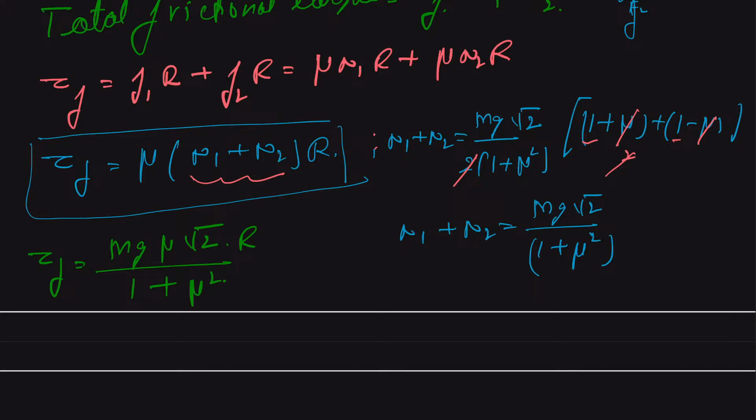And this is our value of our torque. Okay, so in this case, if you look closely, we see that this particular expression of the torque does not have omega.